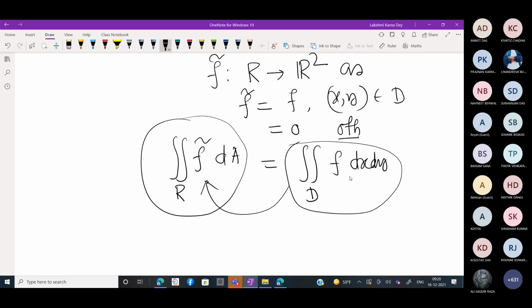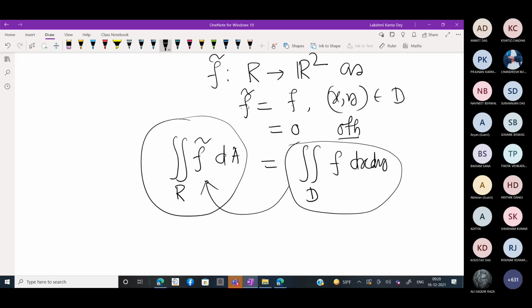Eventually, initially your function is over D, an arbitrary bounded region in R2, and that integration can be done by means of this technique. Whatever construction we did, we took one function F tilde whose domain of definition is a rectangle, which is a bigger set than D. It is equal to F whenever (x, y) belongs to D, otherwise it is 0.